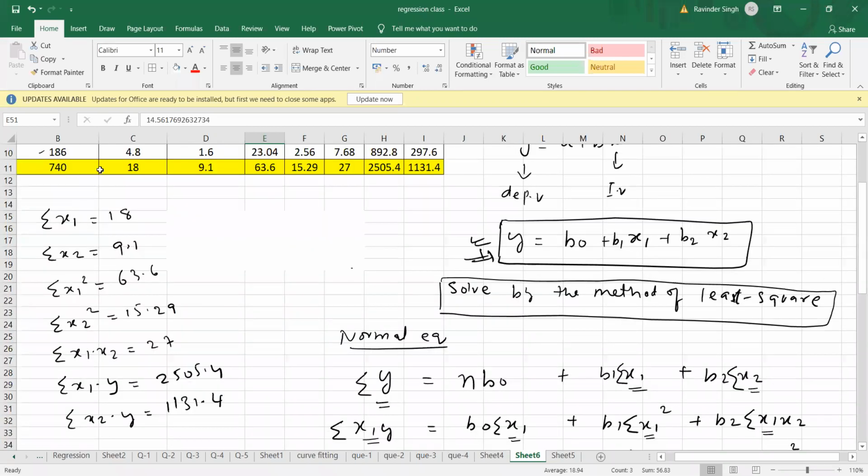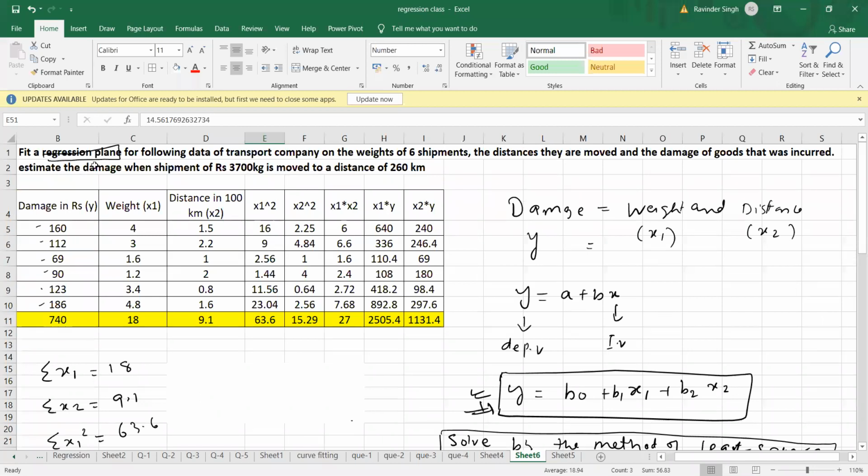They are also telling us to estimate the damage when shipment weight is 3700 kg and distance is 260 kilometer. So distance I have taken in terms of 100 kilometer. So you have to put x2 is equal to 2.6, and you have to substitute x1 is equal to 3700 and estimate the damage in rupees.